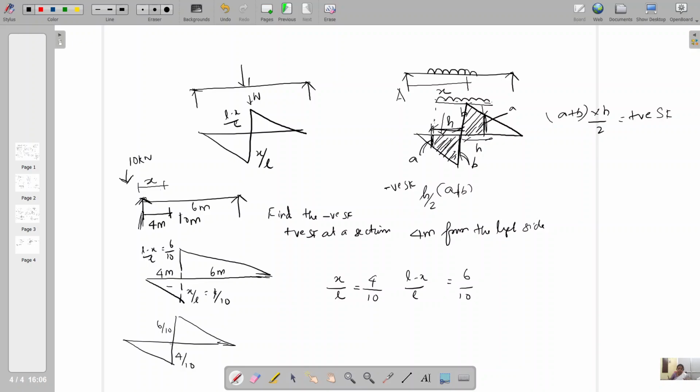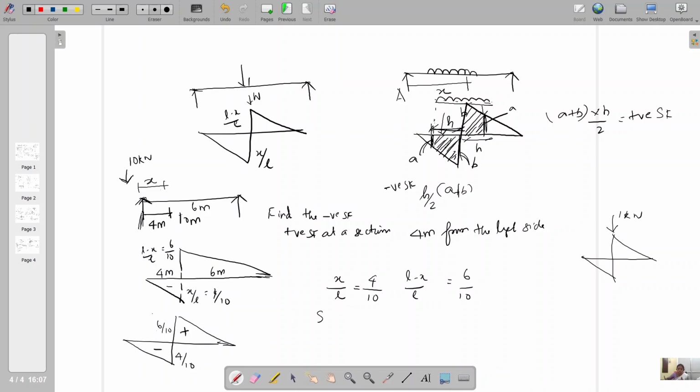If you add up both the ordinates, you will get 1, because the basic idea of ILD is applying a unit load at the section. The basic idea of the influence line diagram is considering a 1 kilonewton load. So if you add these ordinates, you should get equal to 1. So this is the negative diagram, this is the positive diagram.